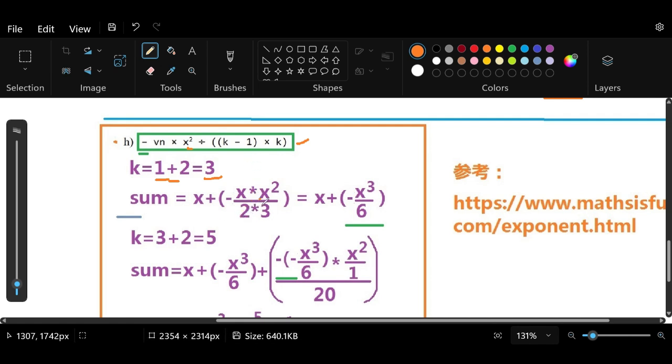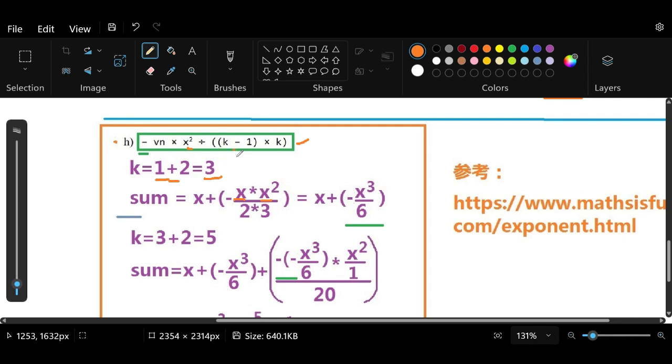So this would be put in this way. The Vn is currently at, let me see if I can get it right, minus Vn. So this is x, and then multiply by x squared, so that's why we got x squared, and then 3 minus 1 times 3.